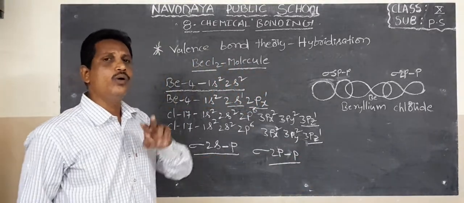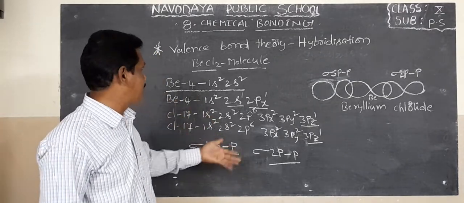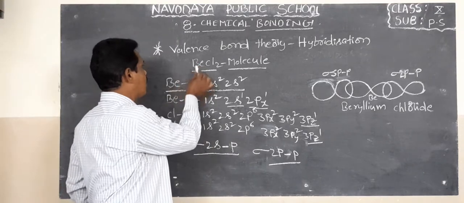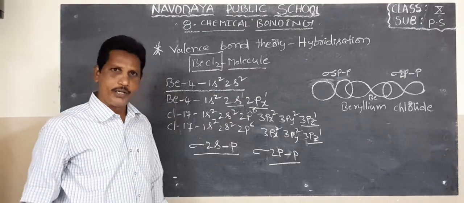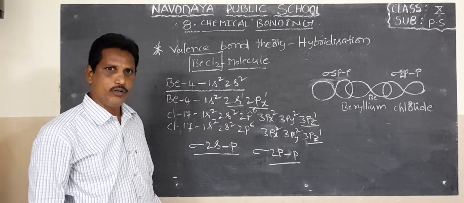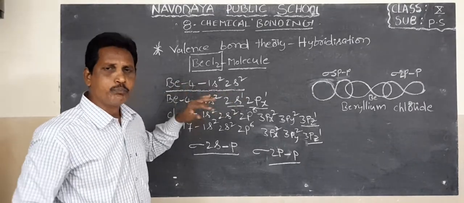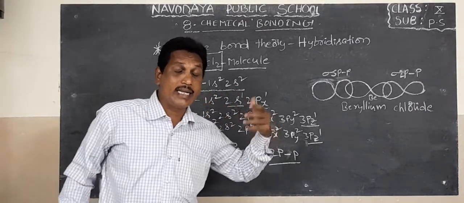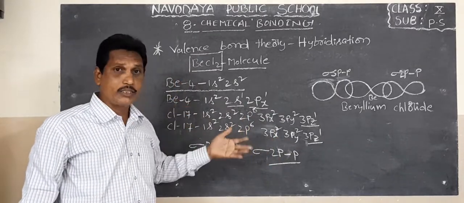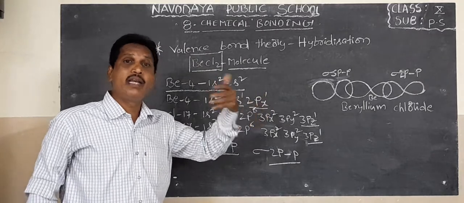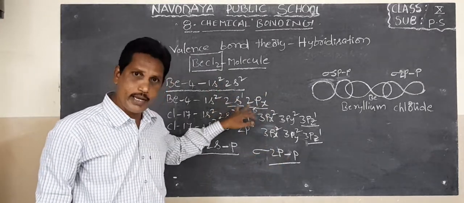There are two sigma bonds present in the BeCl2 molecule. 1s2 2s2 is the general electronic configuration of the beryllium atom. In the excited state, its electronic configuration is 1s2 2s1 and 2px1.